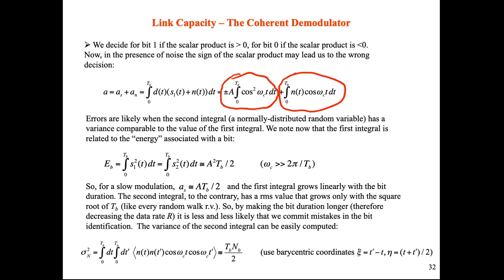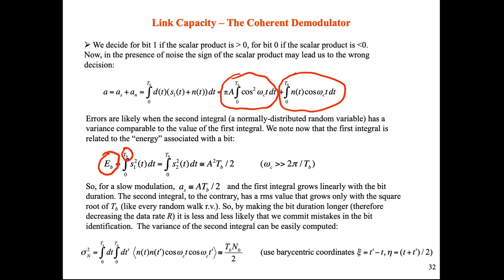We identified an important quantity which we call the energy per bit, which is nothing but the square of the signal integrated over the bit duration. Okay, integrated over the bit duration.